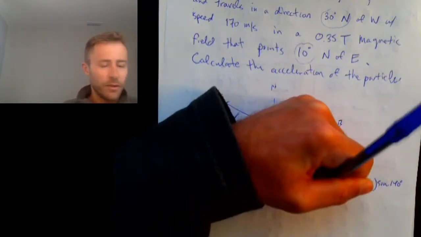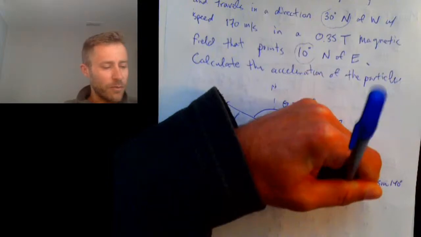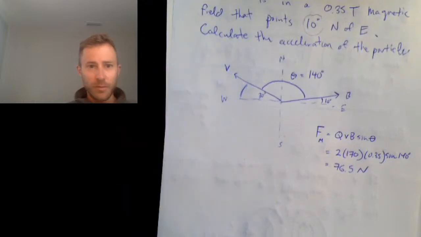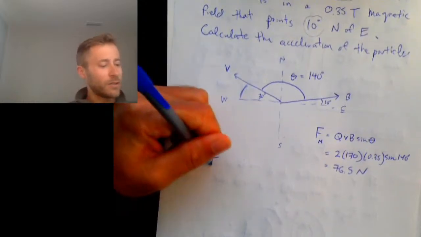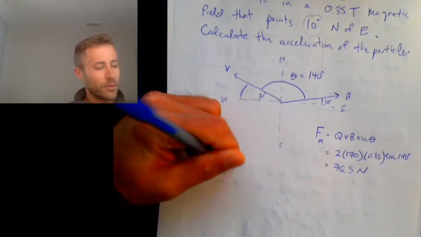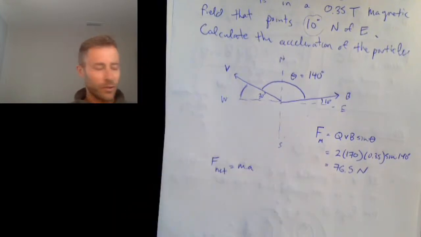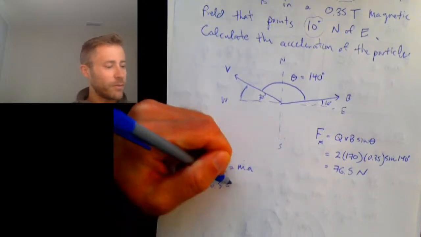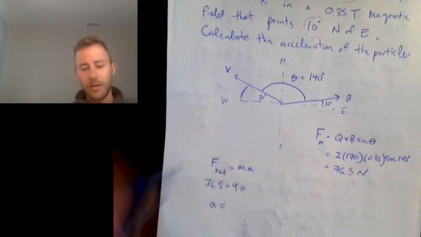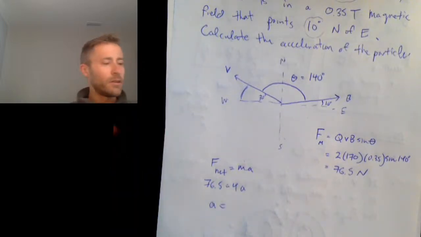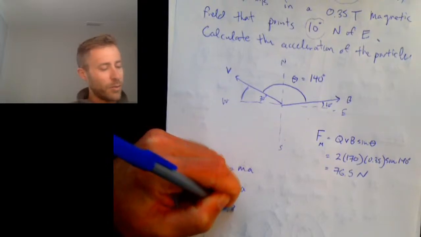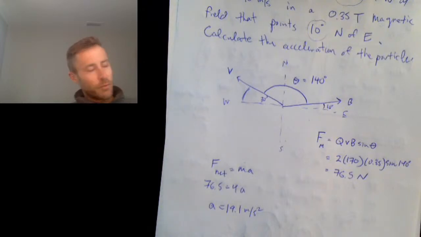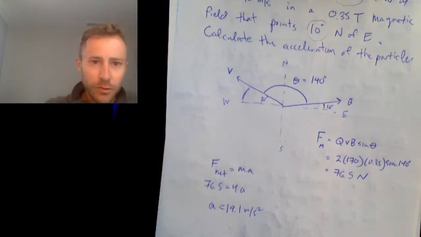And I get that the force is 76.5 newtons. Then I'm assuming that this is the only force that is acting on the particle, so then I will do F net equals ma. And because that is the only force, my net force is 76.5 equals 4a. And so I can get that the acceleration is 19.1 meters per second squared. Okay, so that's my lesson for today, and I will see you in the Zoom room.